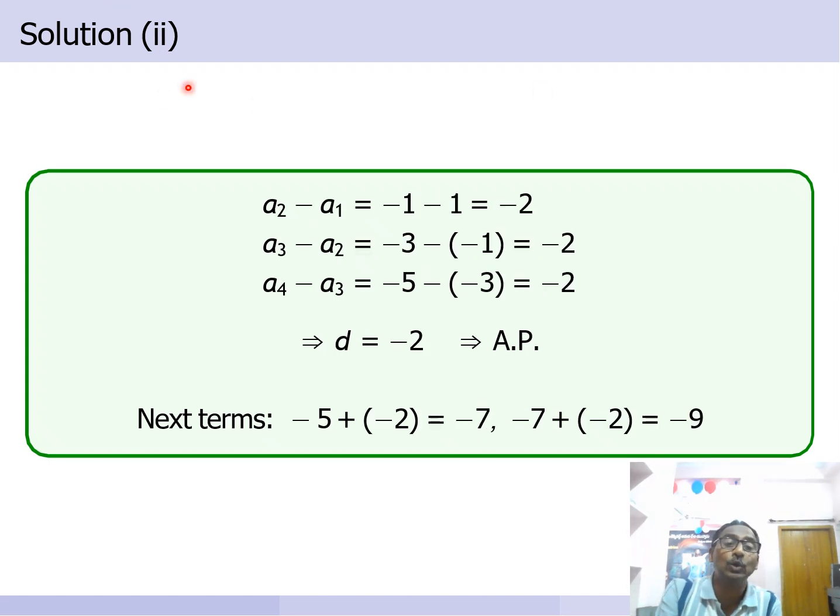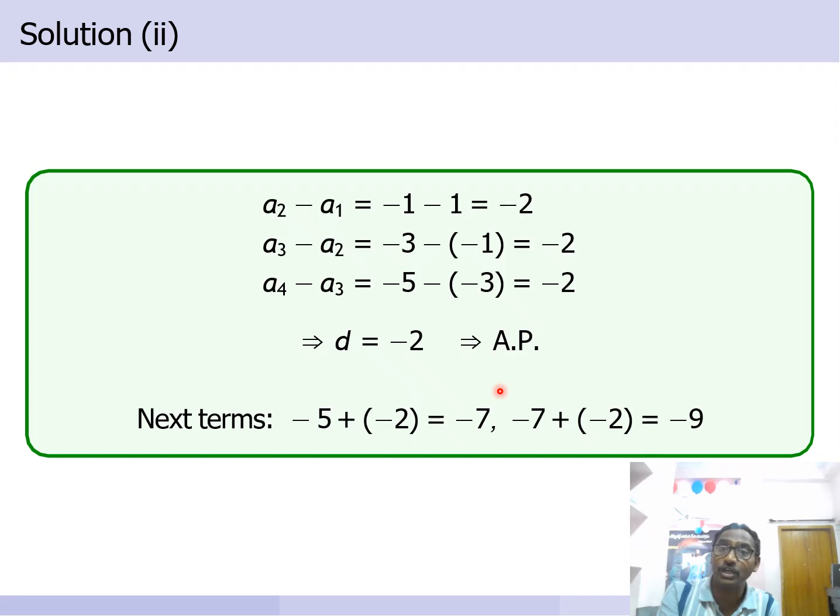Next solution 2, a2 minus a1, -1 minus of -... is -2, a3 minus a2 that is -3 minus of -1 that is -2, a4 minus a3, -5 minus of -3 that is -2. Therefore d equal to -2. Therefore the given sequence is an arithmetic progression.